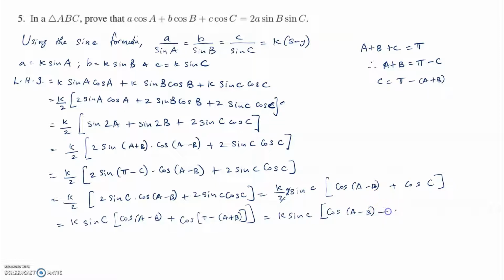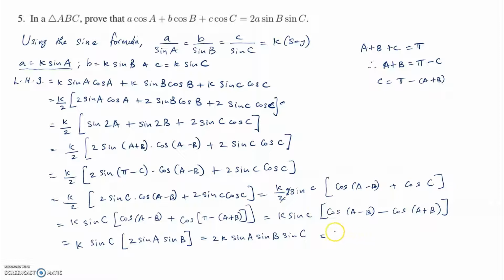So this will be minus cos A plus B. Again, cos A minus B minus cos A plus B will be equal to 2 sin A sin B. So this now becomes k times sin C into 2 times sin A sin B, which is equal to 2k sin A sin B sin C. Now we have seen earlier that 2k sin A is nothing but our a.